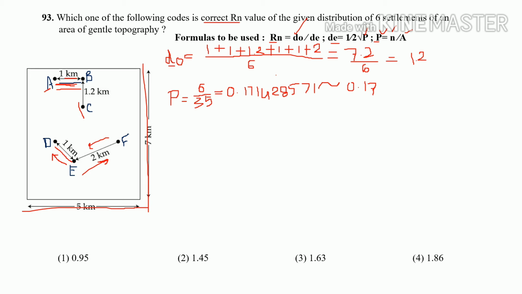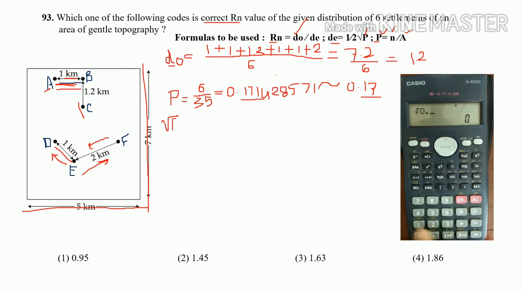We can calculate with both the full value and the rounded off values, and the result comes almost the same. I will show you that later. So let us go with the full value. Okay, so with the full value we will get the root of P, and let us calculate that.